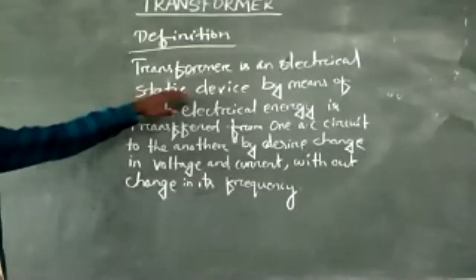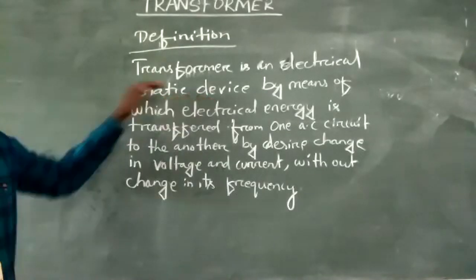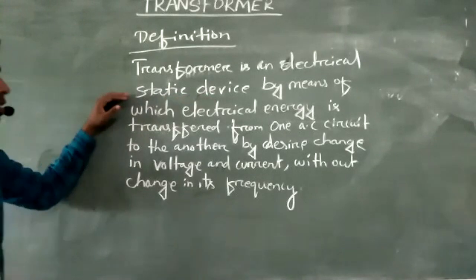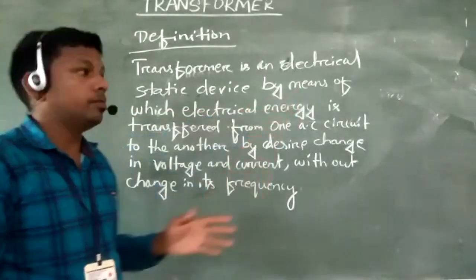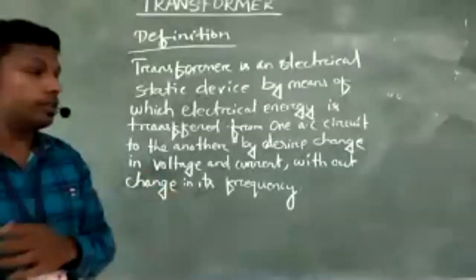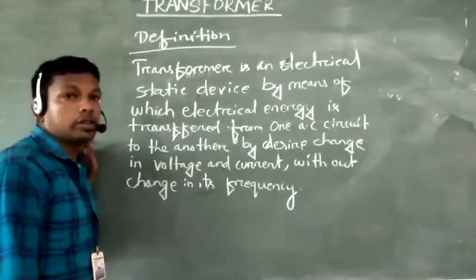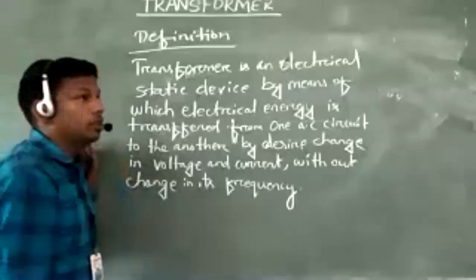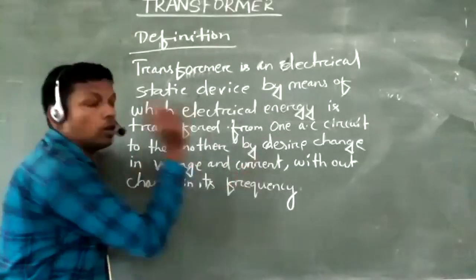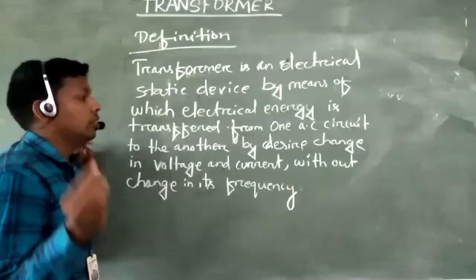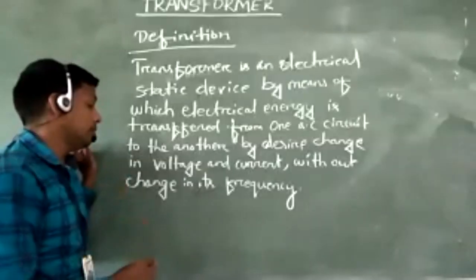Why is it called a static device? Already I mentioned there is no rotating part, and it transfers electrical energy from one AC circuit to another. There is no DC source provided to the transformer, and here the voltage and current values vary. No power limitation is available.